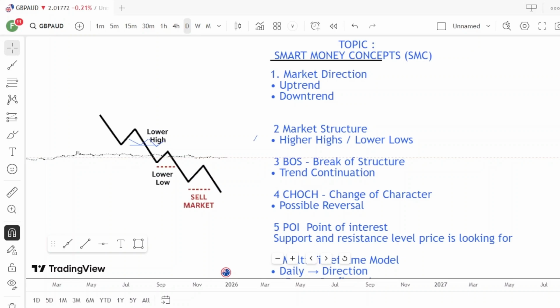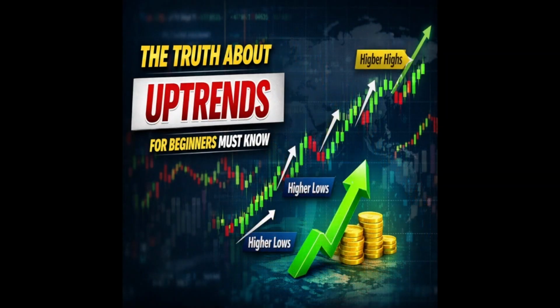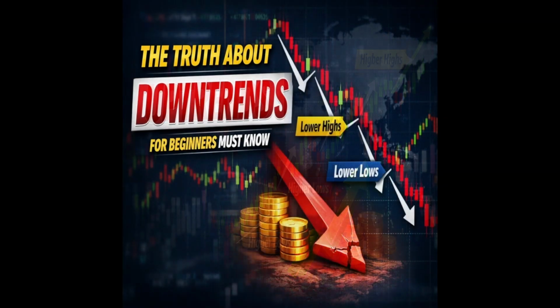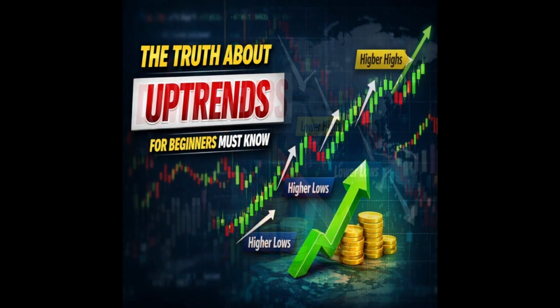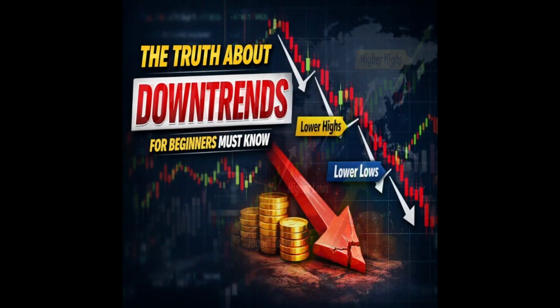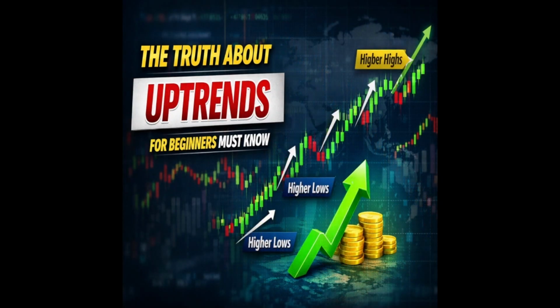You can go watch the in-depth analysis on my channel to understand proper uptrend and downtrend and how I determine my overall bias. The market structure, higher highs and higher lows, is also well explained in my previous video. As long as you understand all these components very well, trading the SMC concept will be as easy as ABC.